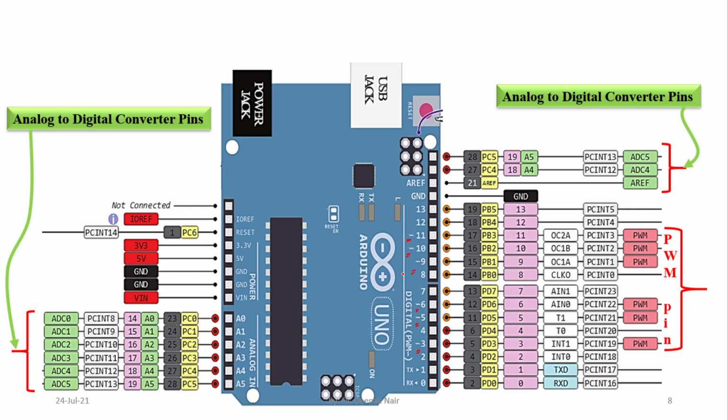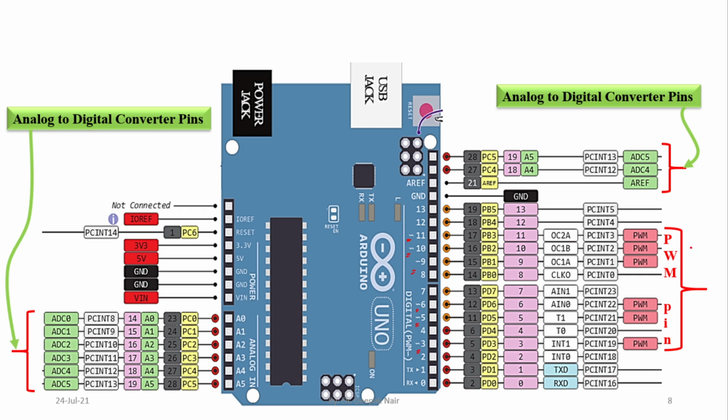These 6 pins can be used for pulse width modulation, which actually is not a proper analog output, but it may be used to represent an analog output, which will be used to generate different frequencies, different tones at the output.